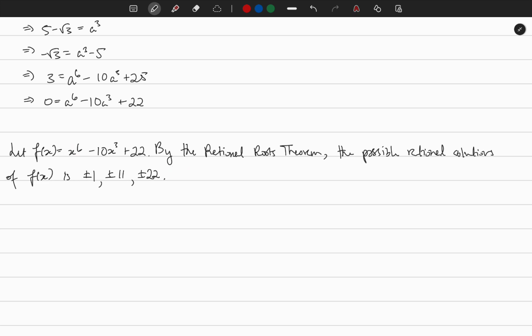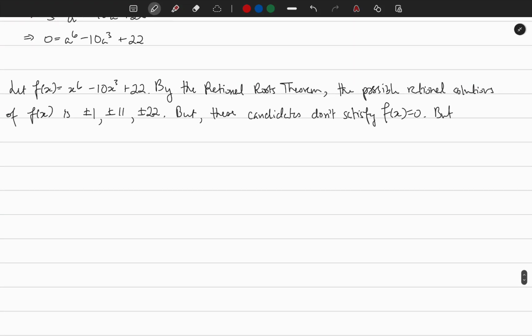So we can say that these candidates don't satisfy f of x equals 0.